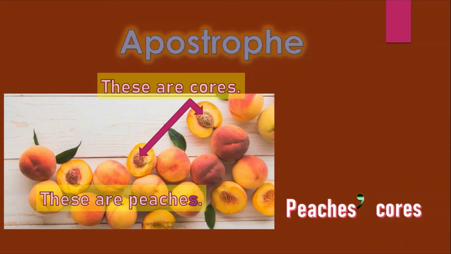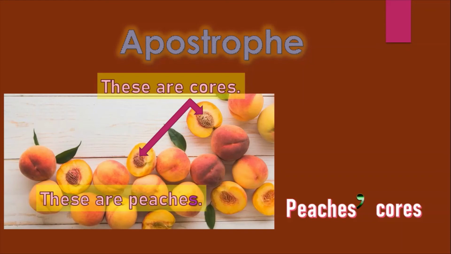That's it. All we need to do is add the apostrophe to the owner. Remember, we always need to make sure that we are adding the apostrophe to the possessor, to the owner, okay? Because it's showing ownership. The cores belong to the peaches, okay?